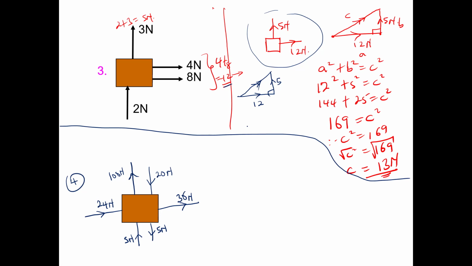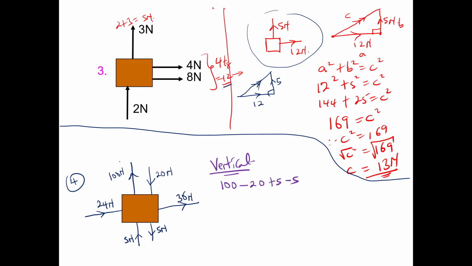So number 4 says that calculate the resultant of forces. So in this case, what do we do again? So we shall simply do the same thing. So we can begin by looking at the vertical alone. The resultant vertical, you can simply say that anything going up, we can give it positive, anything going down, we give it a negative. So 100 minus 20 plus 5 minus 5.